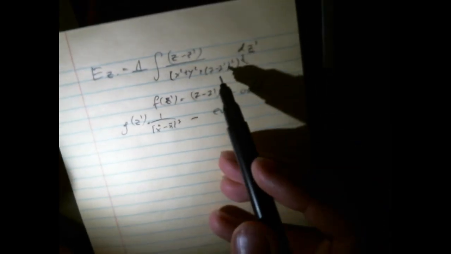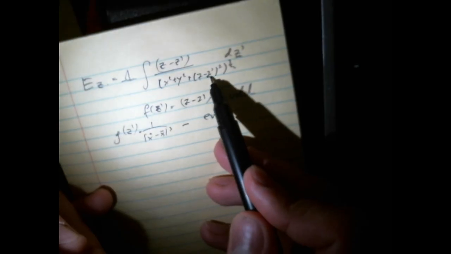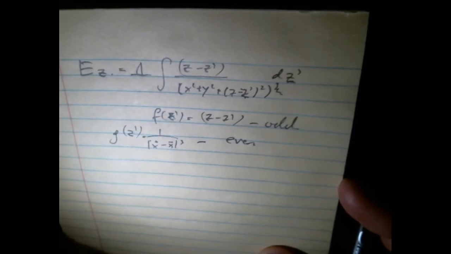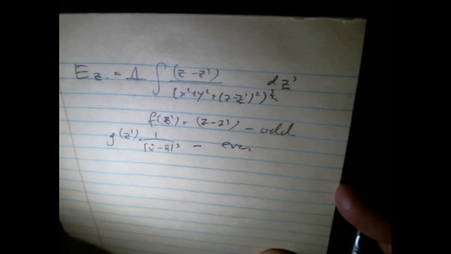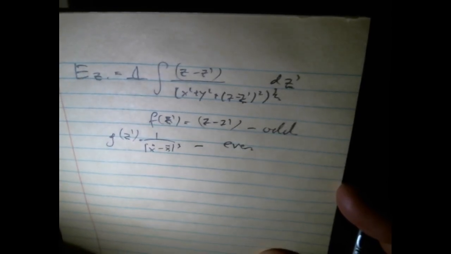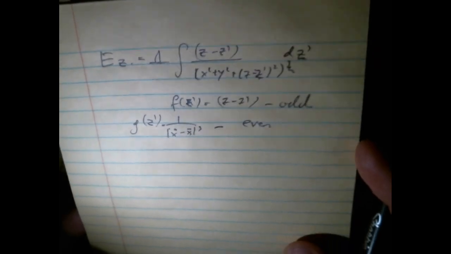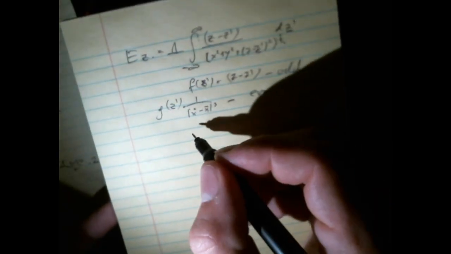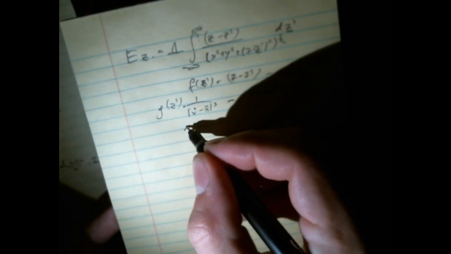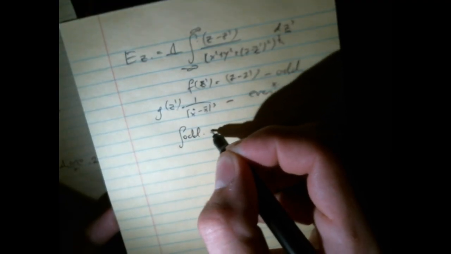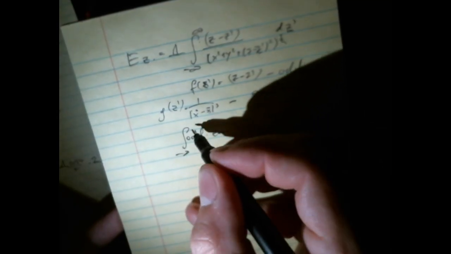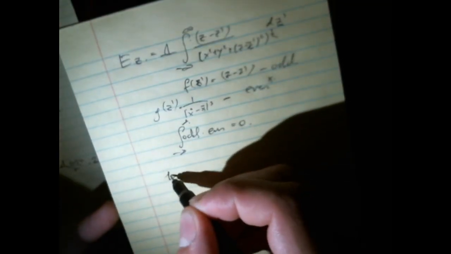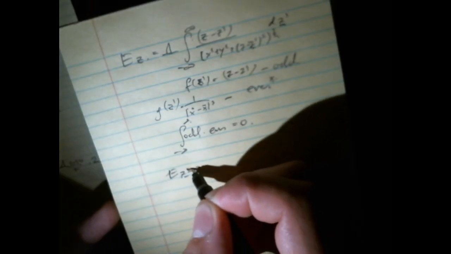This comes from the fact that no matter what value z prime takes, the denominator will always be a positive number, and a positive number raised to whatever power will be positive. So integrating over all space gives us an odd function times an even function, and an integral of odd times even is just equal to 0 due to the property of it being odd. So we can simply state that Ez is equal to 0.